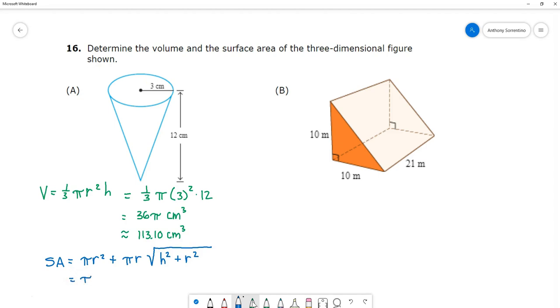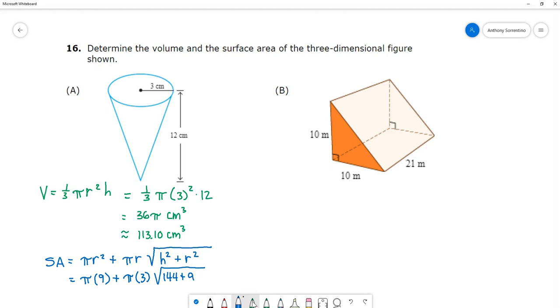Just substituting, 3 squared is 9, pi times 3 times the square root of 12 squared, or 144, plus r squared again, which would be 9.